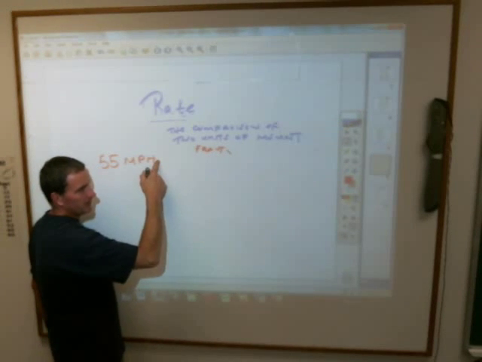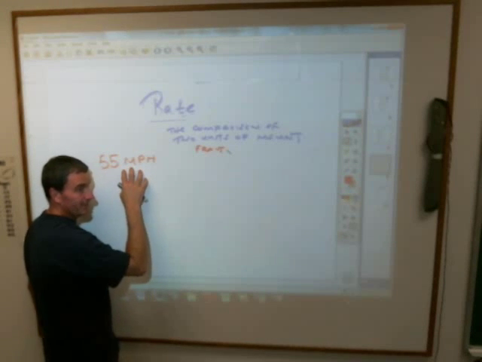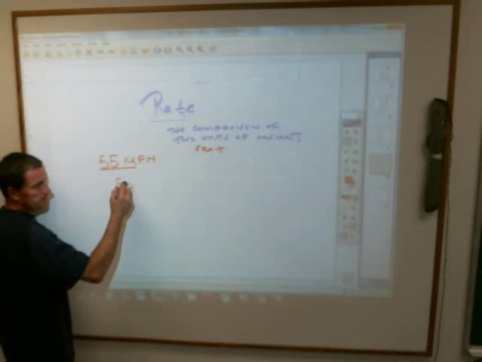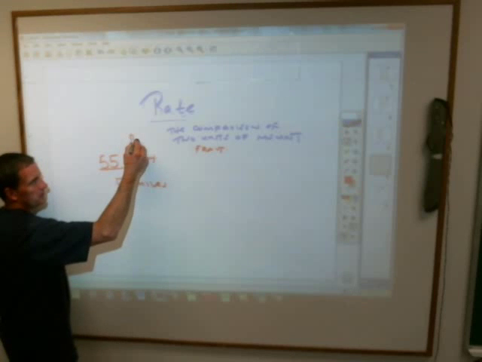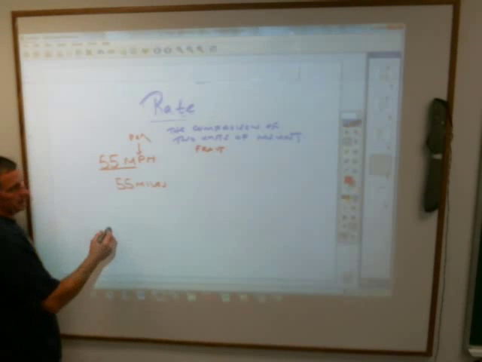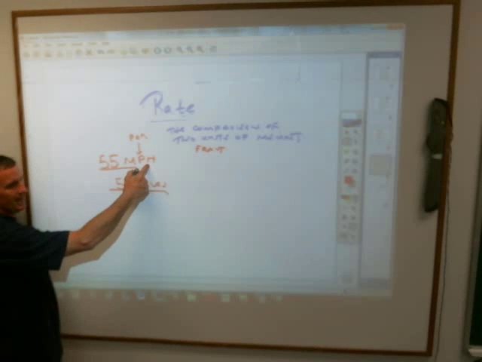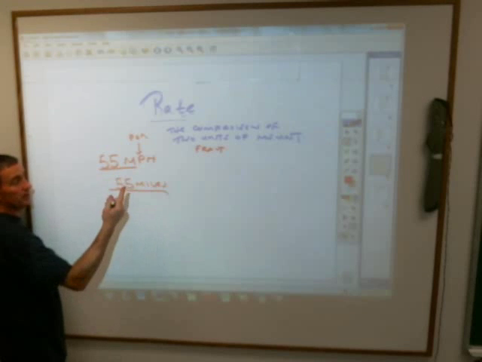Not always, you can write it like this, but this really stands for a fraction. And what fraction does this stand for? It stands for 55 miles, and in math, if you see the word per, that's a fraction line. 55 miles per hour.